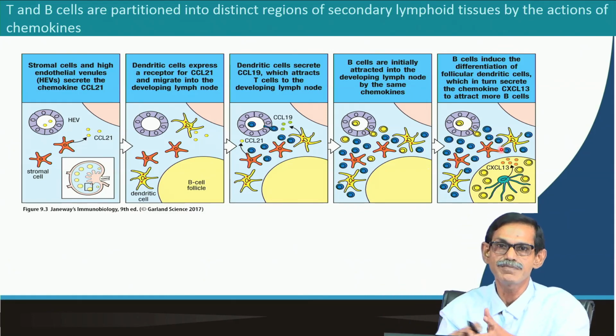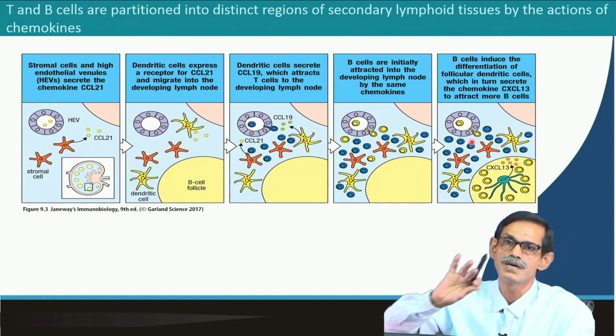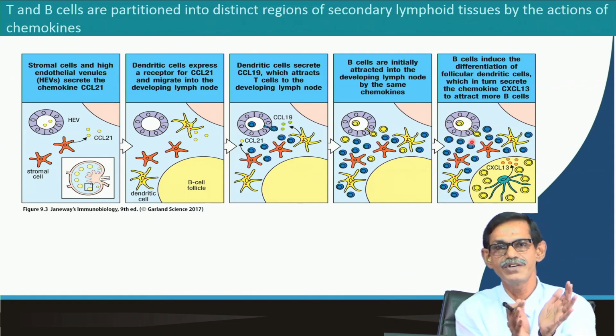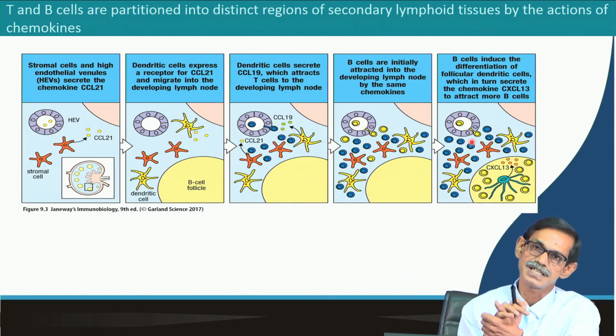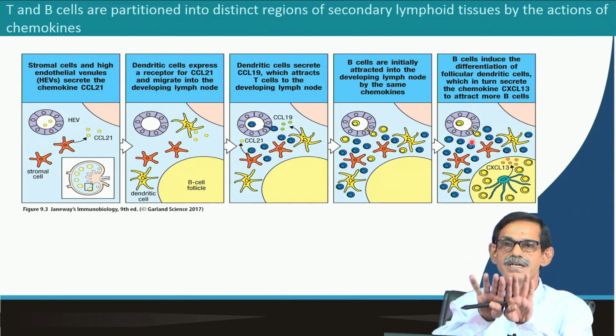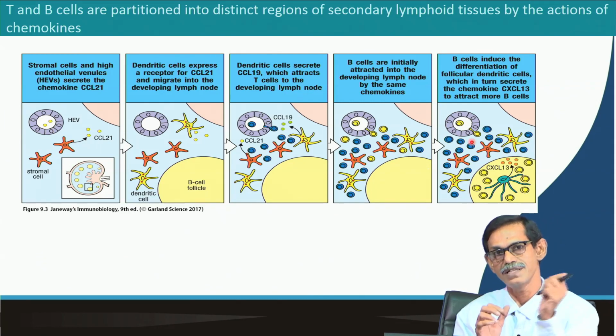Ultimately what we see is a region which is more dense with B cells and one region which is mostly T cells. They are not exactly very much compartmentalized, but their population is much more, and it is happening by chemokines.